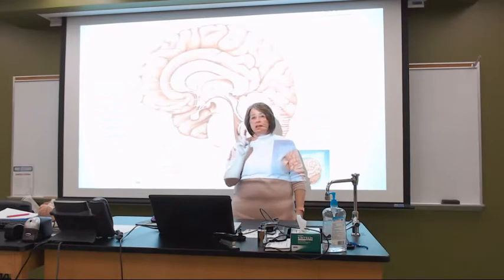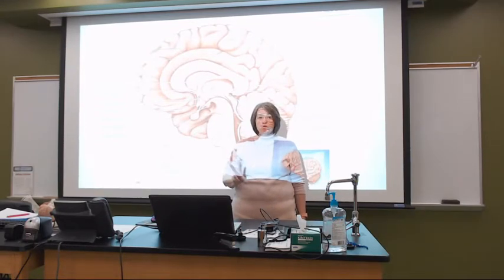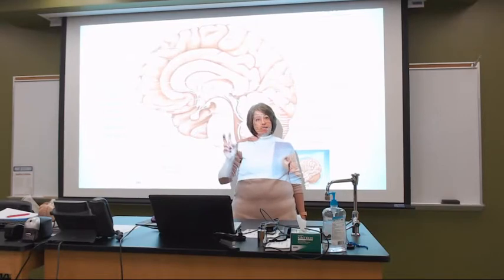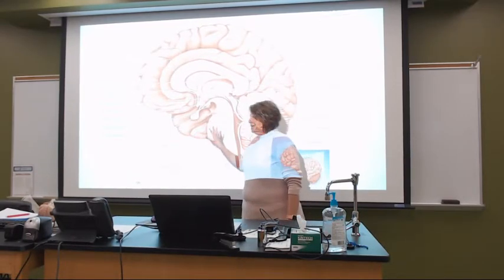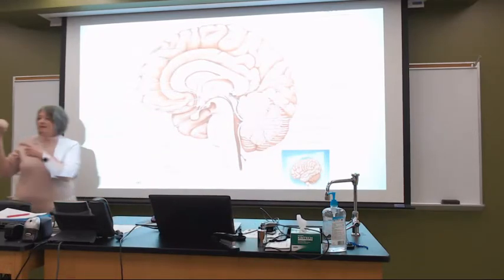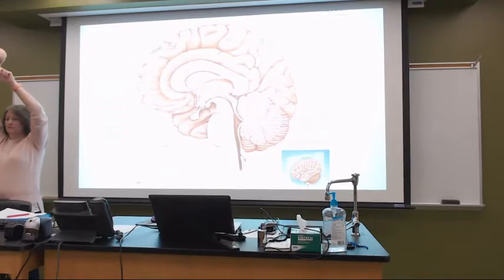Remember, there are going to be two systems that control the body. That's going to be the nervous system and the endocrine system. And looking at this picture, one of the things that a lot of these models that we have, this little thing right here, the pituitary gland, okay?